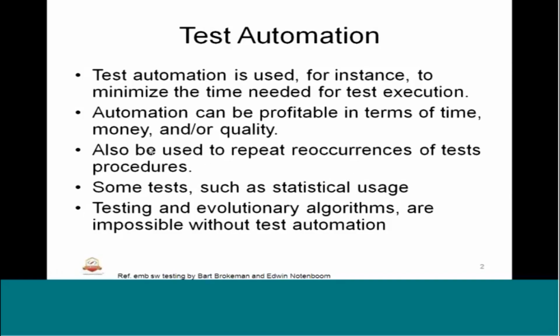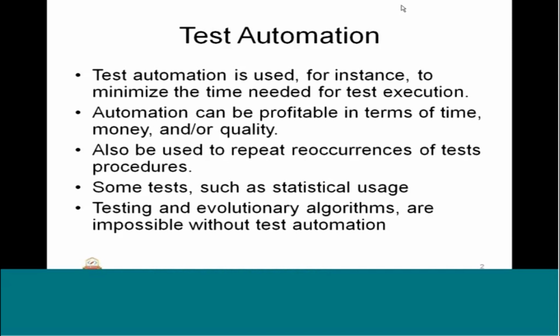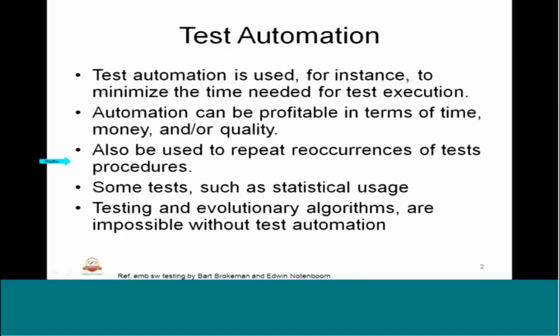That means multiple tests of similar procedures. We don't need to do it manually. We can do batch processing, batch automation. So test automation will help in doing these things where multiple procedures are to be executed in a batch.